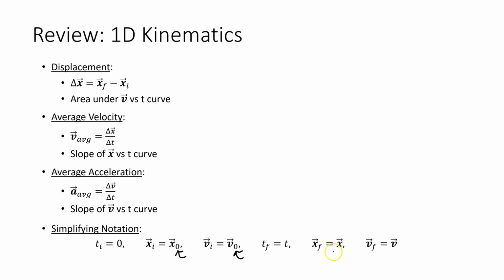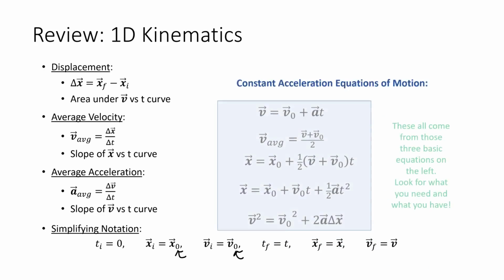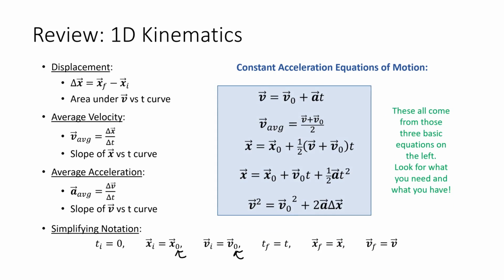So x final is really just x, and v final, we're just going to call it v. Okay, and so with those simplifying notations, we can manipulate the 3 equations on the left-hand side of my slide over here, plug in the simplifying notation into those 3 equations, rearrange the equations in various ways, and we come up with these 5 equations of motion for constant acceleration.